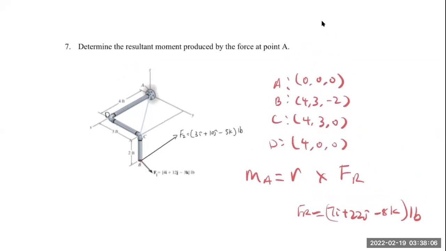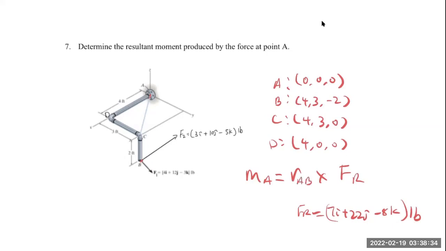As I mentioned when we were going over the concepts, for the moment of a force about a point, R will always be from where the problem is asking you to find the moment, which is at A, to where the force is acting, which is at B. So my R will be RAB.